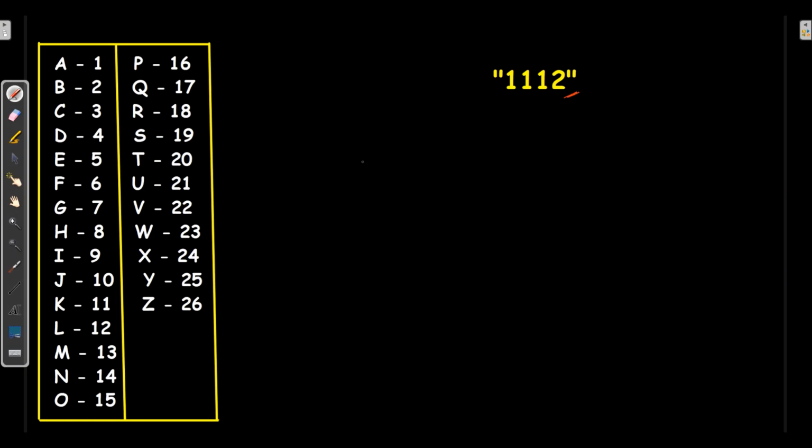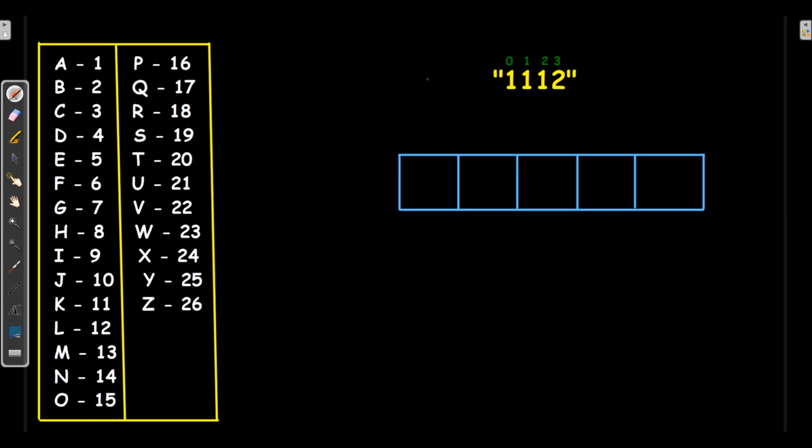So the first step is to have a resulting array. If our input array is of 4 digits, our resulting array will be of 5 digits, like this, where we will fill the 0th index of the resulting array as if we are given the empty string.